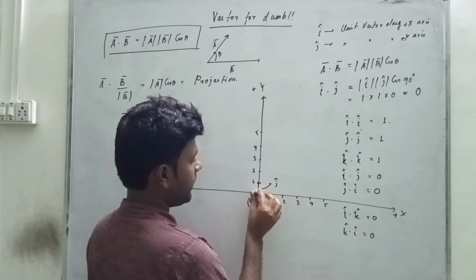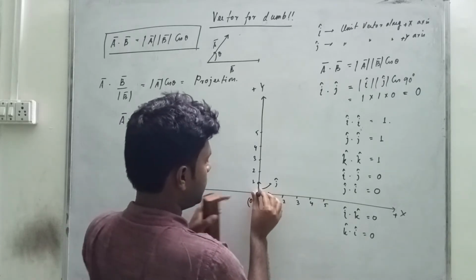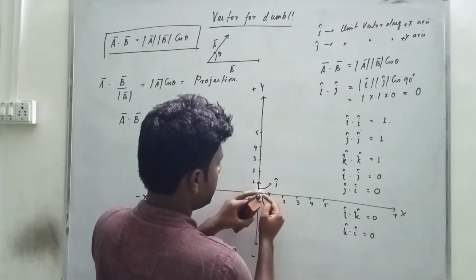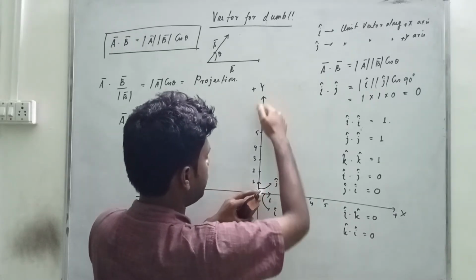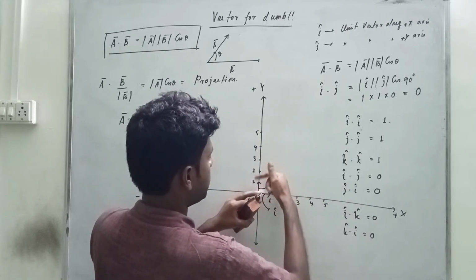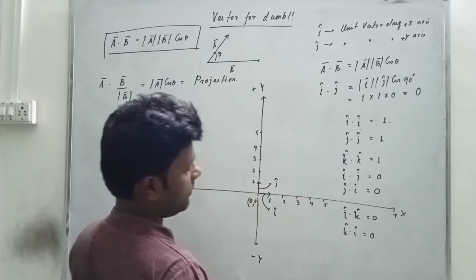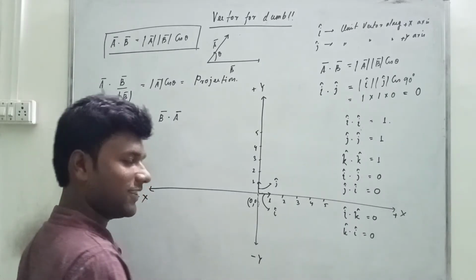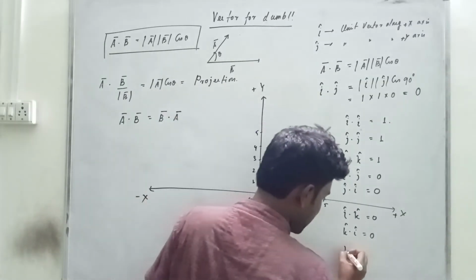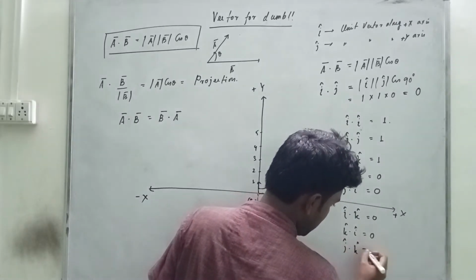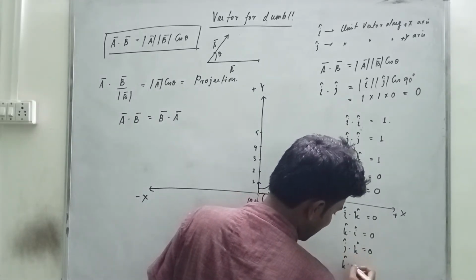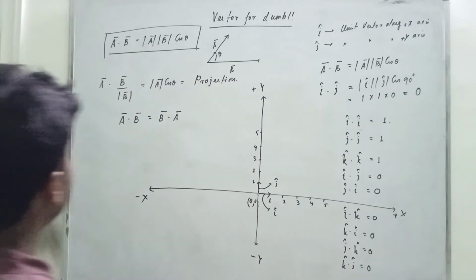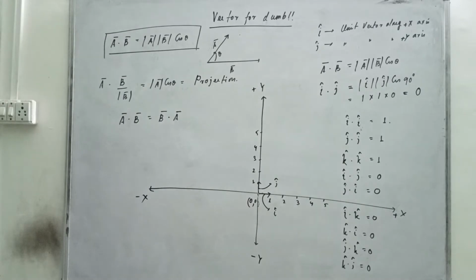The angle between x and z is 90 degree, and the angle between y and z is 90 degree. So i dot k goes to 0, k dot i goes to 0, j dot k goes to 0, and k dot j goes to 0, right? So it is our very crucial finding.